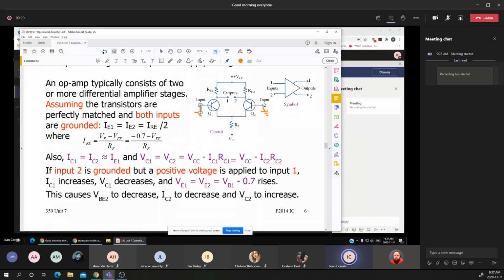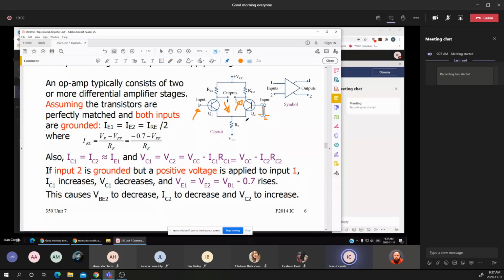Now, the next step is an assumption that I still have input 2 grounded, and I'm applying a positive voltage on the base of Q1. What is going to happen? It will increase the collector current, which will make the output voltage VC1 decrease, which will cause the opposite output, of Q2, to increase.